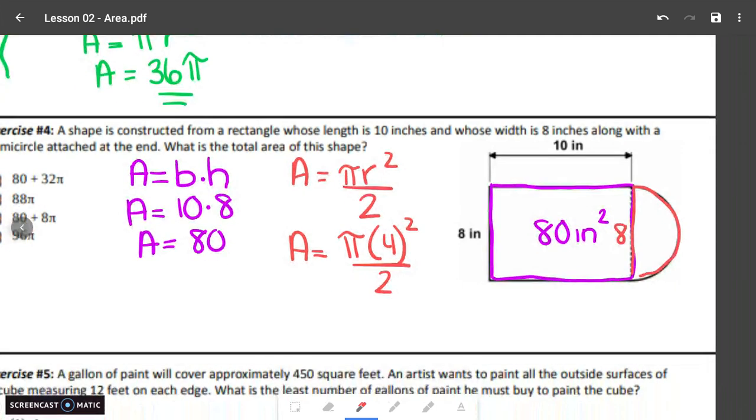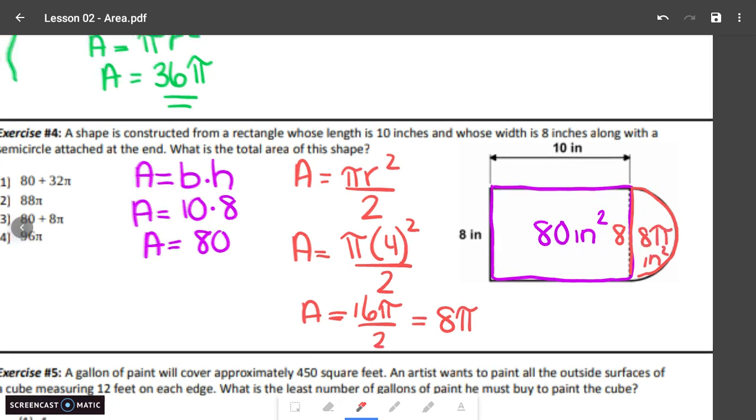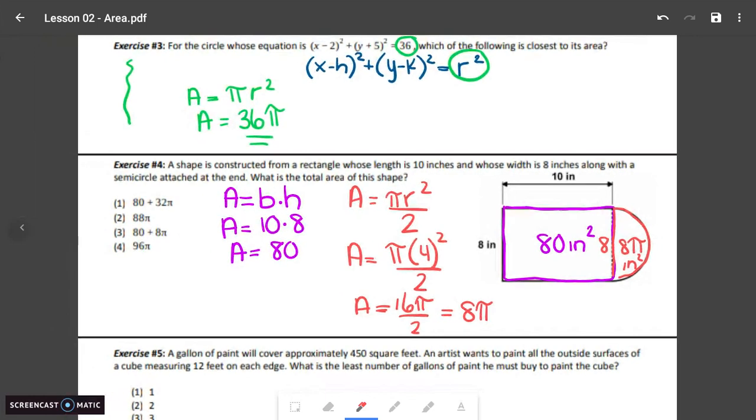Now remember, you have to do PEMDAS, so I'd have to square that first. We would get 16 pi divided by 2. And I'm keeping it in terms of pi, so I'll have 8 pi here, 8 pi inches squared. And now the area is just getting that whole space inside, so I just add those two together for choice 3.